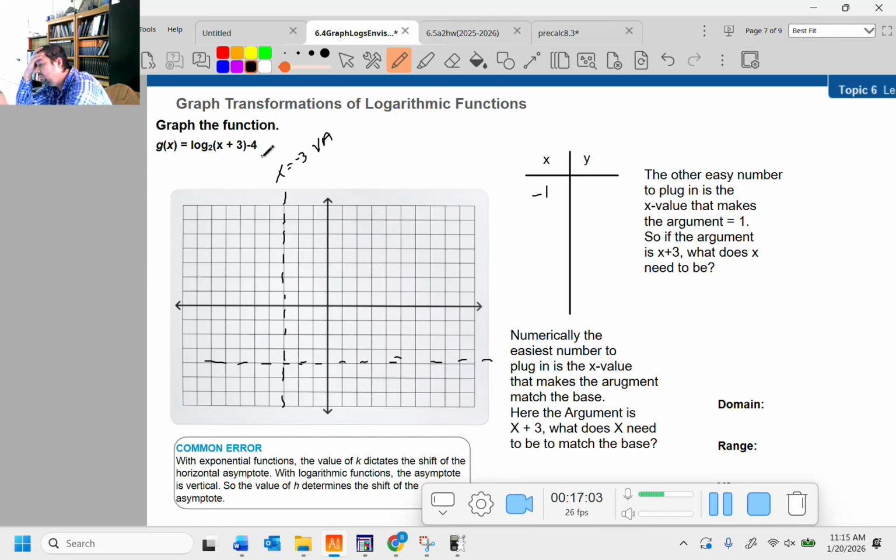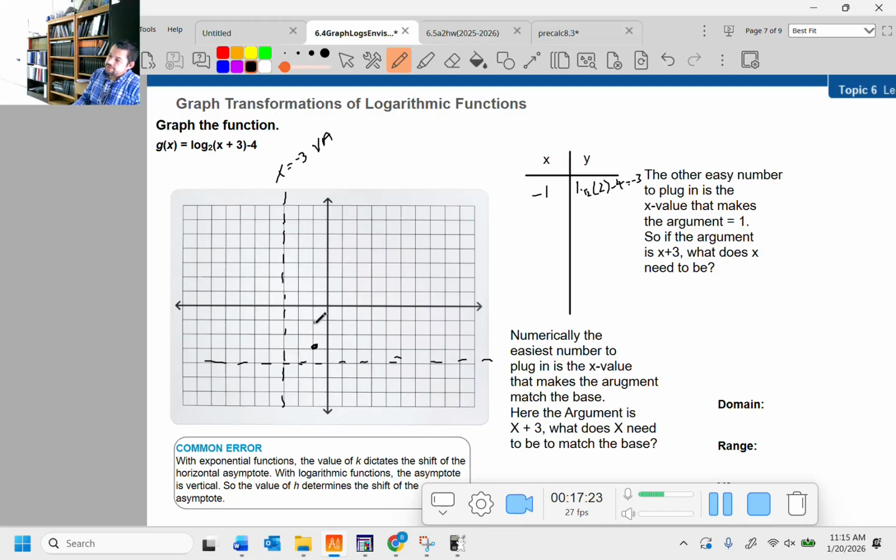So if I plug in a negative 1, I have log base 2 of negative 1 plus 3, which is 2, minus 4. If the base matches the argument, the answer is 1. And 1 minus 4 is negative 3. So I've got the point negative 1, negative 3.